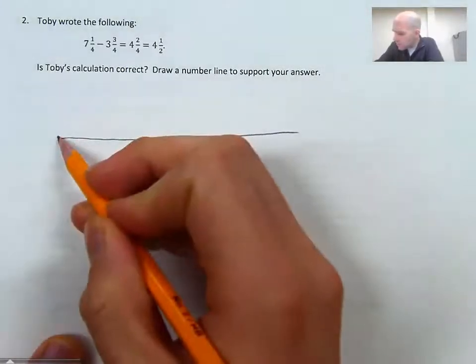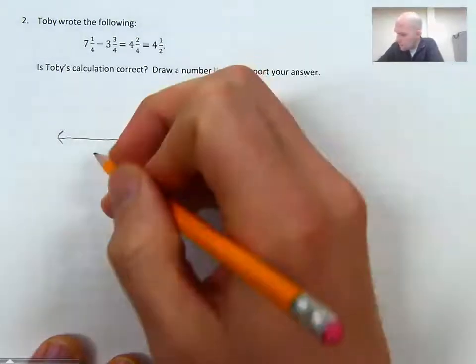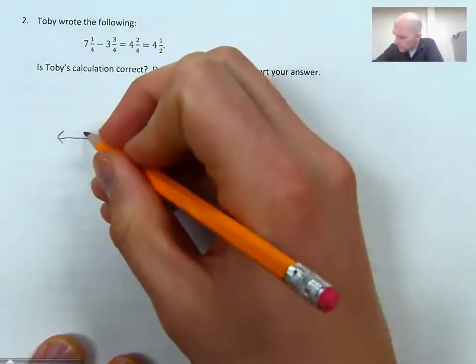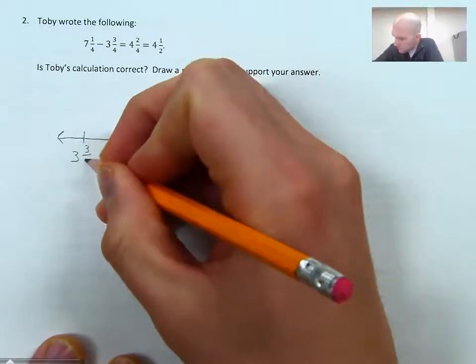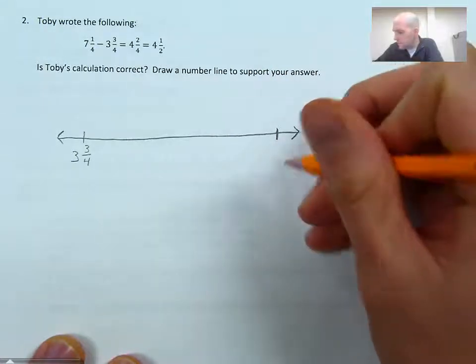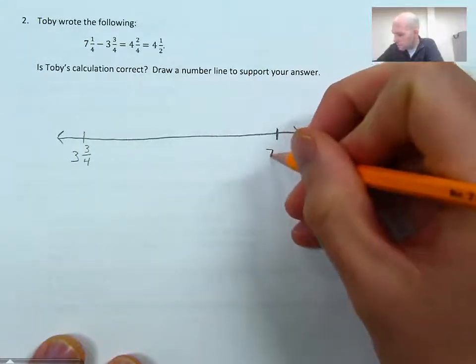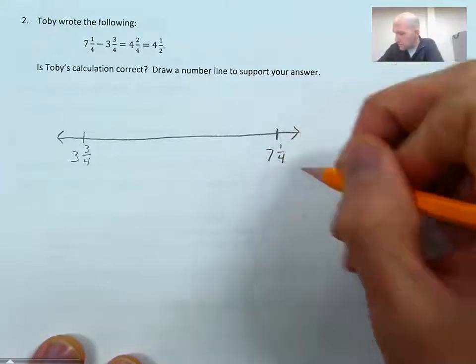Let's use our number line here. And we're going to put 3 3/4 on one side. And we're going to put 7 1/4 on the other side.